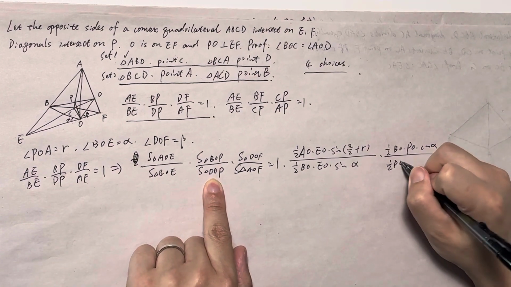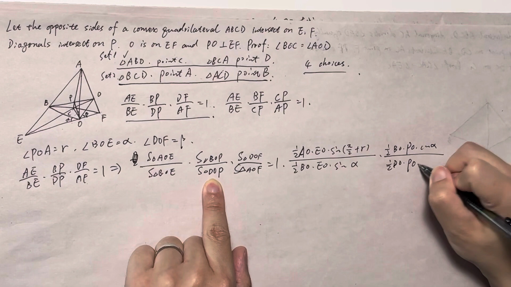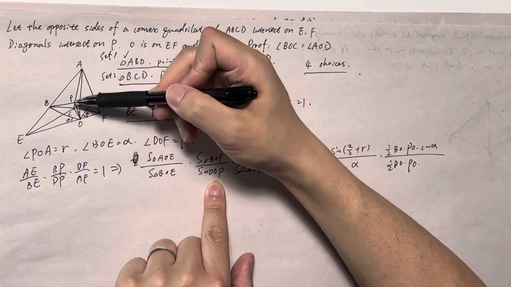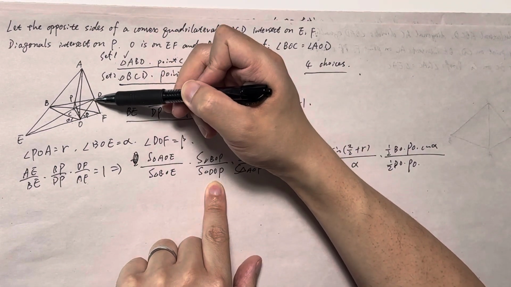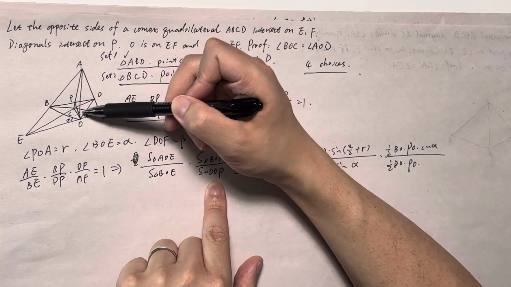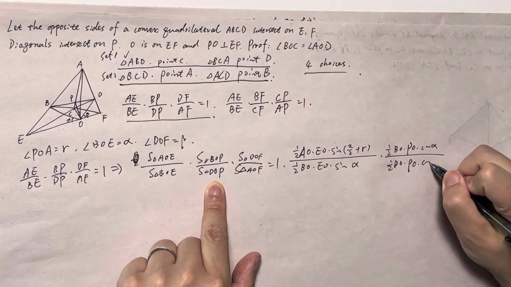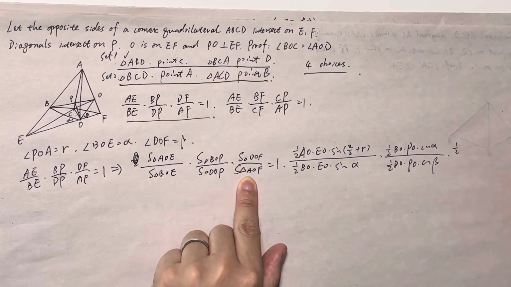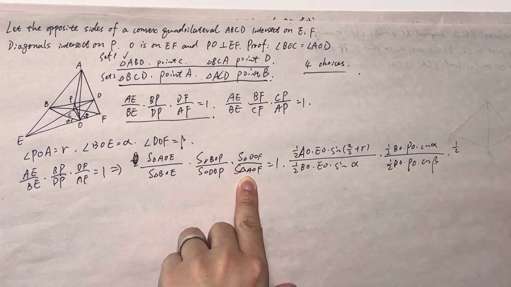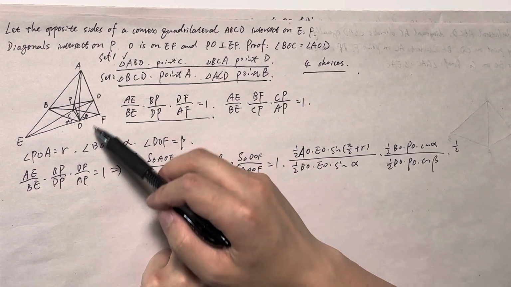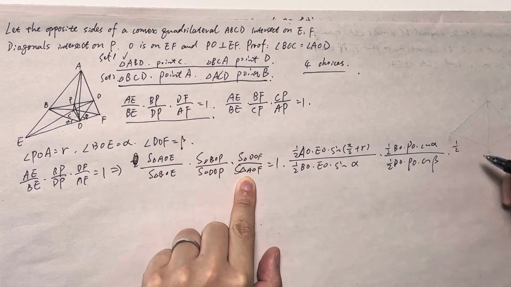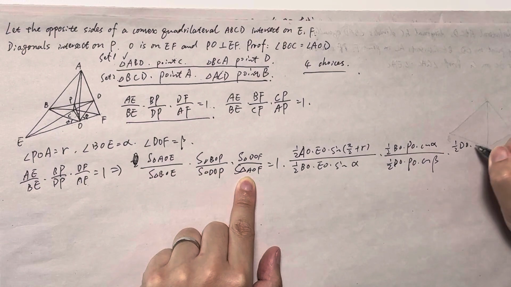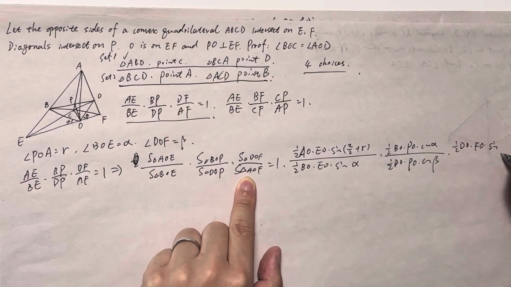So that's DO times PO times the sine of angle POD, 90 degrees minus beta, so it's cosine beta, times half DOF, so DO FO sine beta.